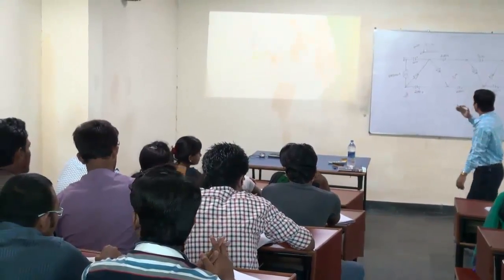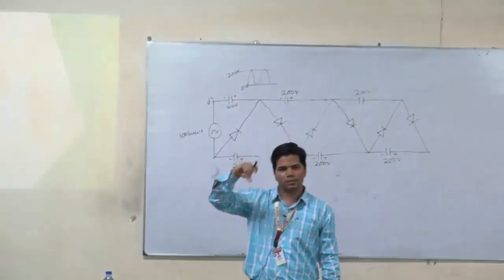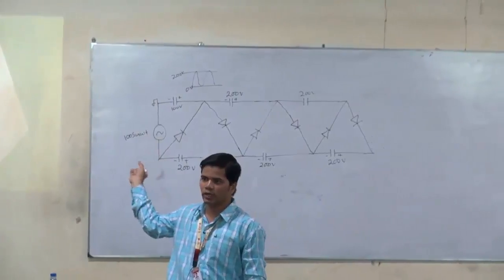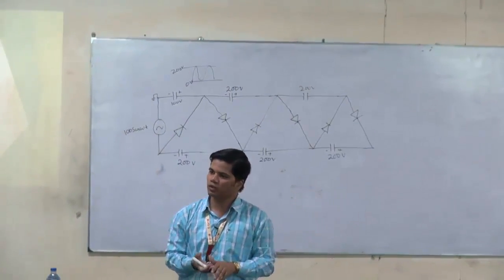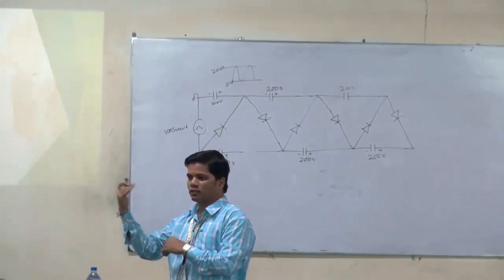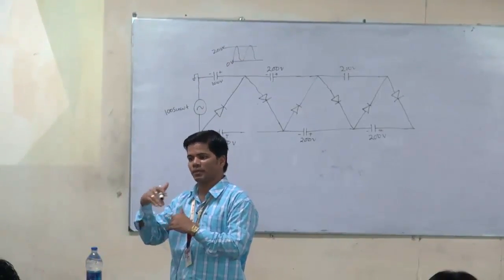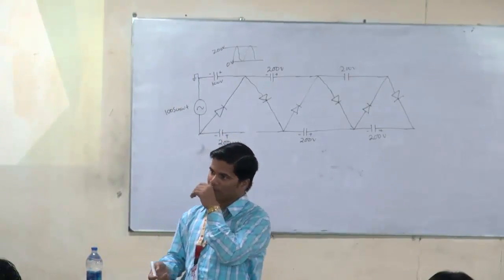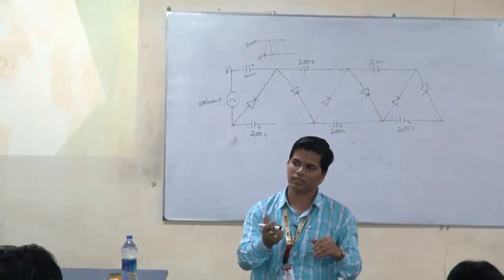Because listen here, whenever we go for the calculation of the voltage ripple as well as the voltage drop of this circuit, to get exactly how much voltage we will get at the output, in that calculation we should know that stage wise we will have a changed capacitor value. Definitely we will have a changed capacitor value. No, not the diode, only the capacitor value.